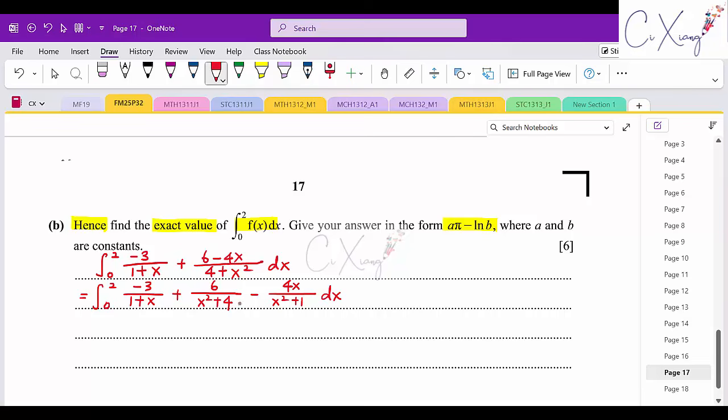Alright, if I double check all this again, this one is the integration of 1 over ax plus b. This one is the integration of 1 over x squared plus a squared. Then this one, if you figure out the relationship, is f prime x on top over f x at the bottom.